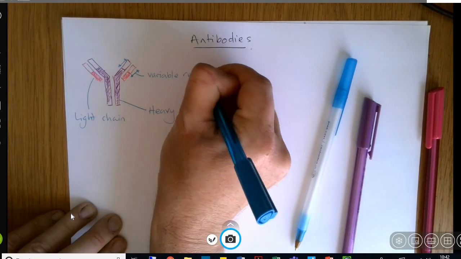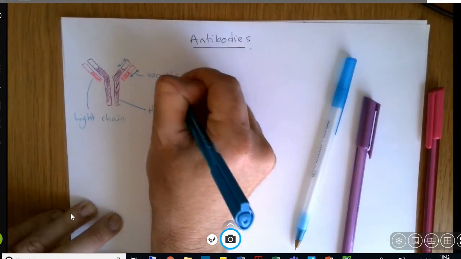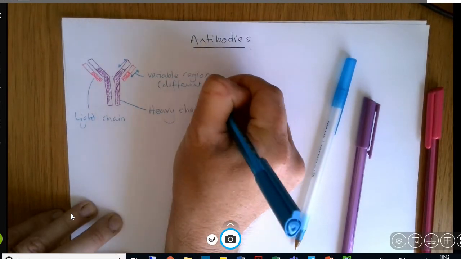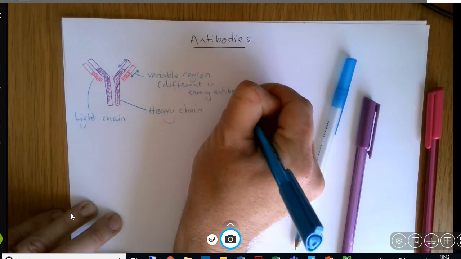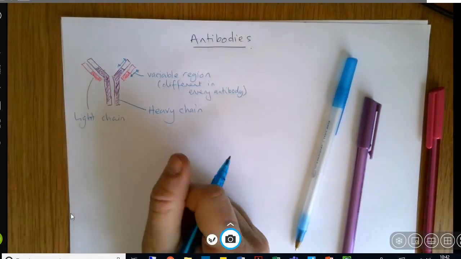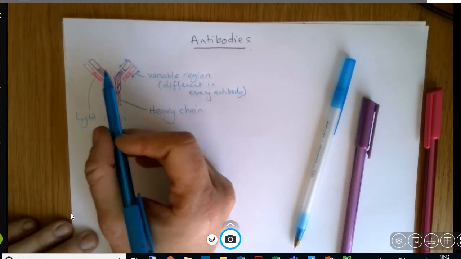Now, the reason it's called that is because it is different in every antibody. Every different type of antibody that you have in your body has a different variable region. This section at the end there, this tiny little section.